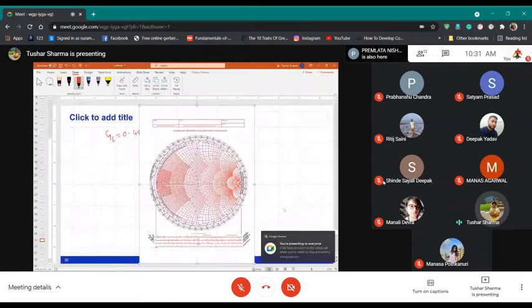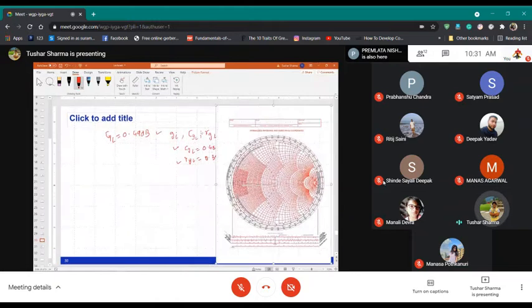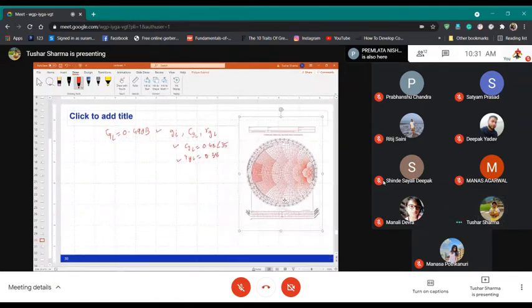Why is this interesting? Because as a designer, it becomes interesting when you start understanding why we are studying all this. In this case, your center is 0.48 angle 35. So 35 is somewhere here. Okay, 0.48. Put your compass here, measure whatever 0.48 is, and mark it. So this will be my circle.